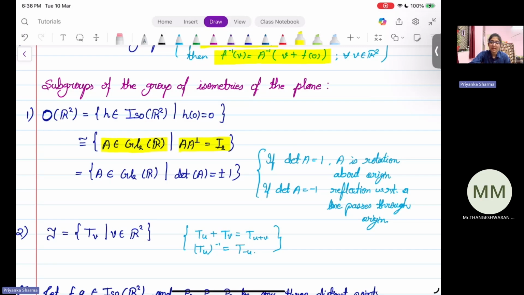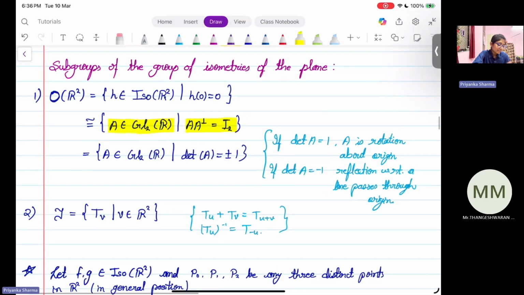We will further see that if the determinant is 1, then A is a rotation. If the determinant is -1, then this is a reflection. Note that a translation cannot come in this group O of R squared. Why? Because a translation also translates the origin.